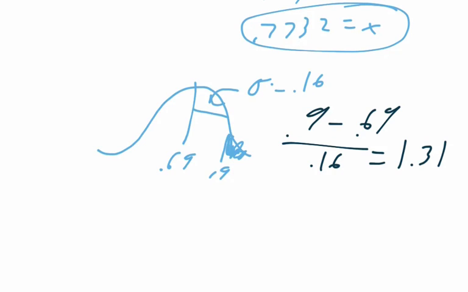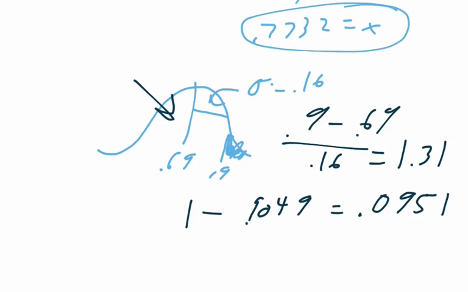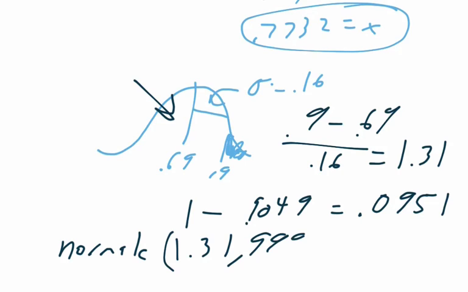If you look it up in the table, you will see 0.9049, but that's for the stuff that's down here. I want the stuff that's above, so 1 minus 0.9049 is 0.0951. For those of you using the calculator, normal CDF from 1.31 up should give you the same answer.